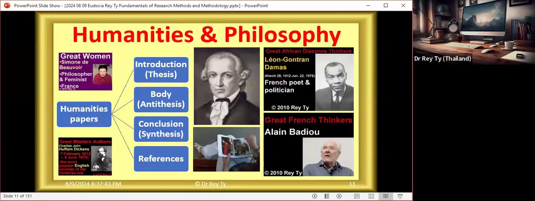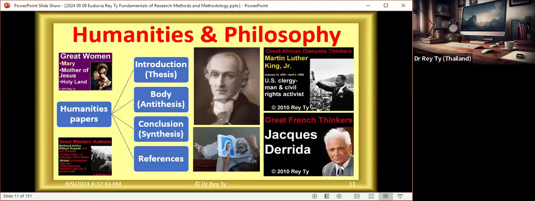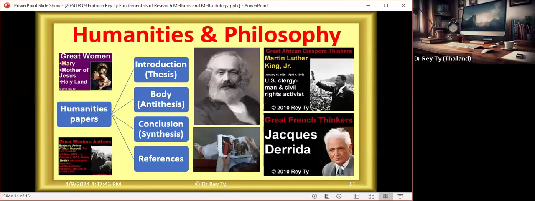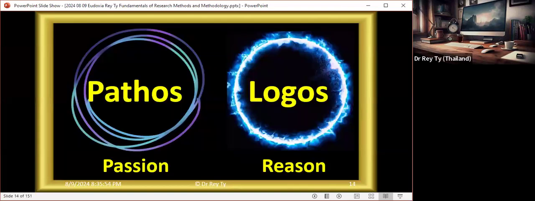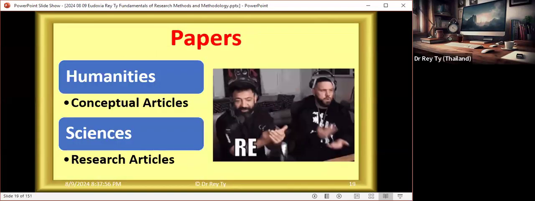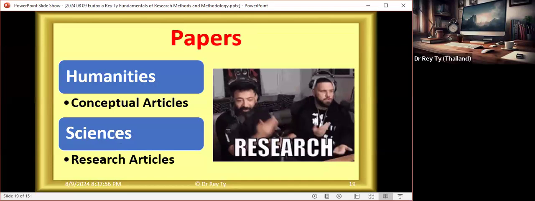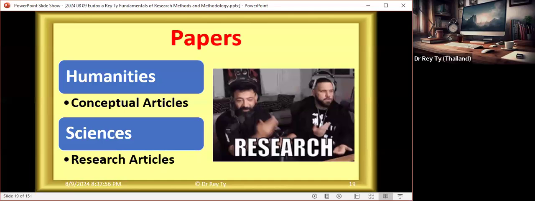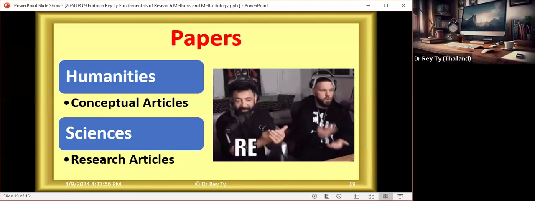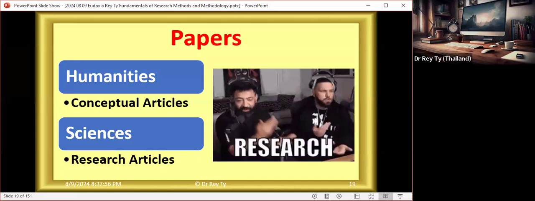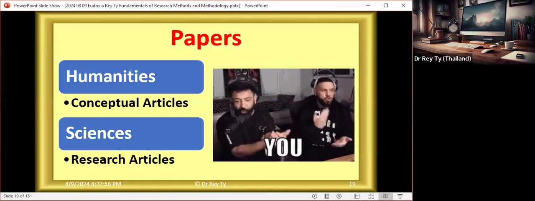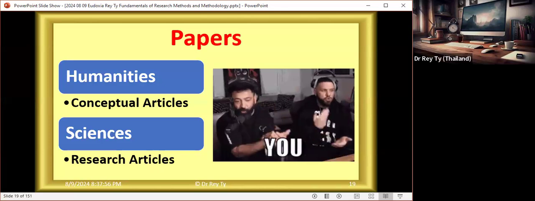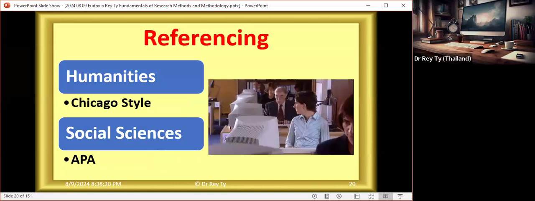It's introduction, body, where you could have 2, 3, 4, 5, 6, 7 chapters or sections if you want, and then conclusion. That's the conceptual paper when you write for submission to a journal. But the science section is usually the second part of an academic journal. It's called a research paper, and the way by which you write it is very different. The third part of most journals are book reviews. And that's another way of writing as well.